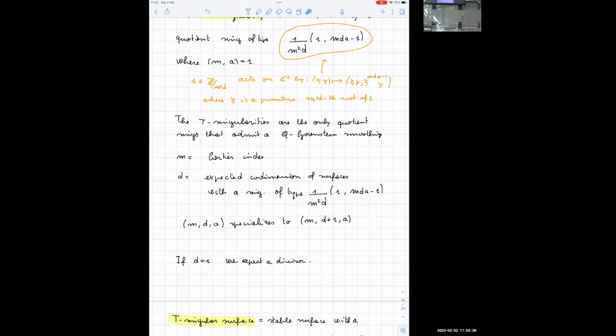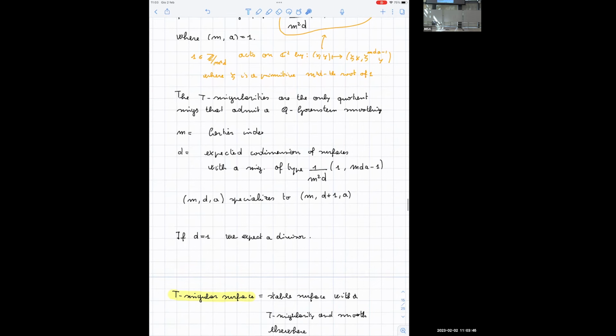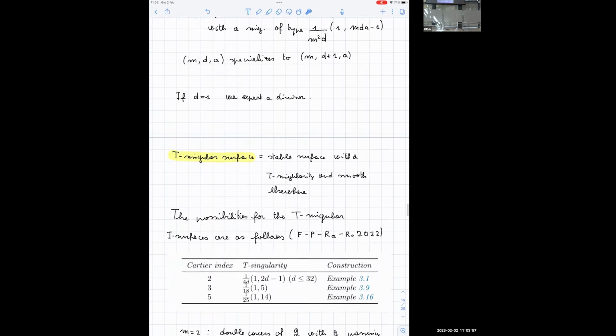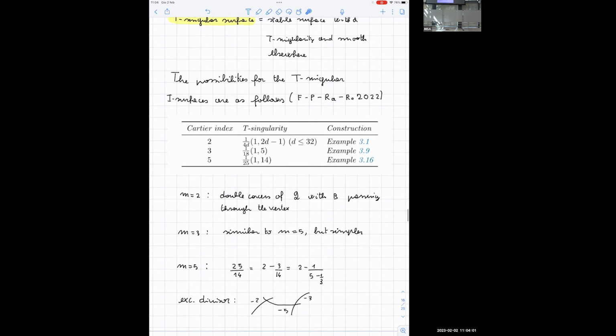This means that for d equal 1, you expect a divisor. And just for simplicity, we call T-surface a stable surface that has one singularity and is smooth elsewhere. And we try to understand what are the possible singular surfaces.